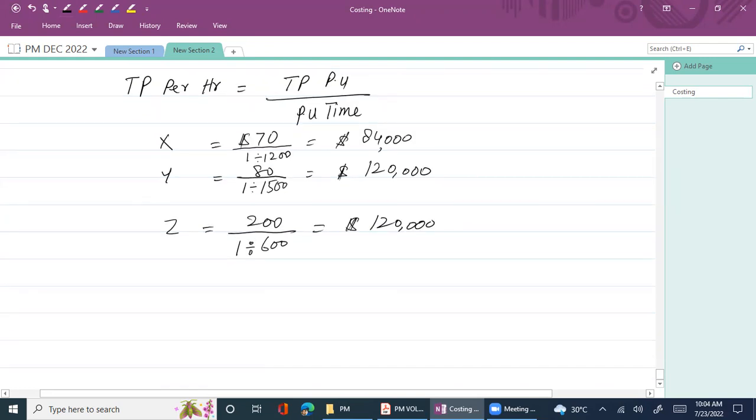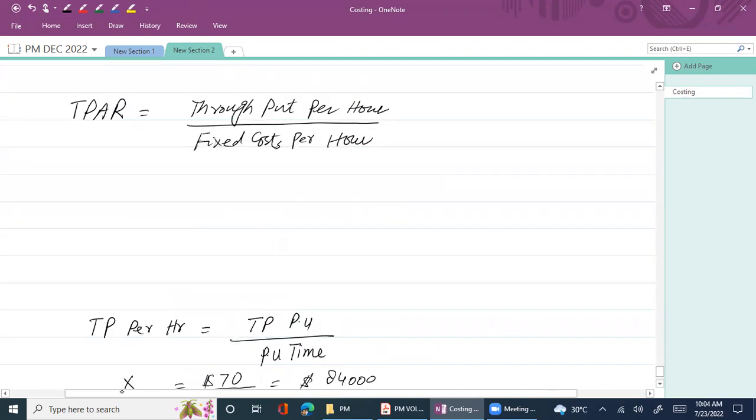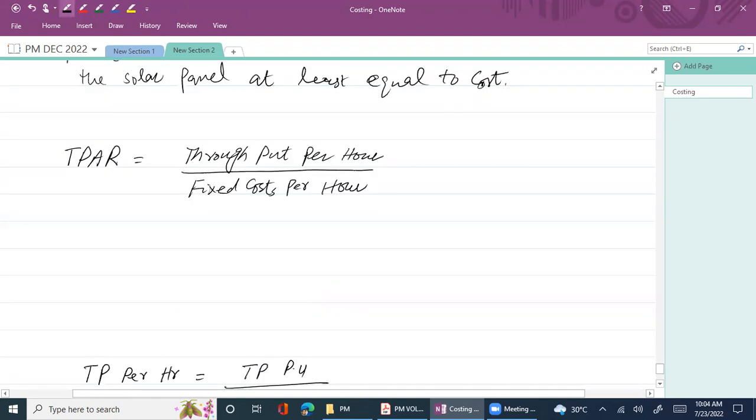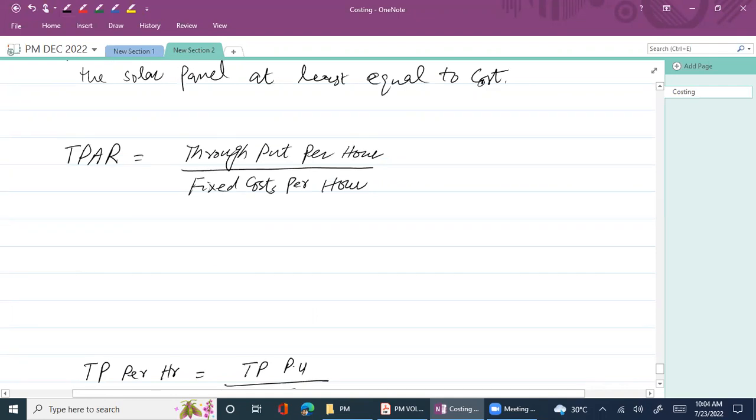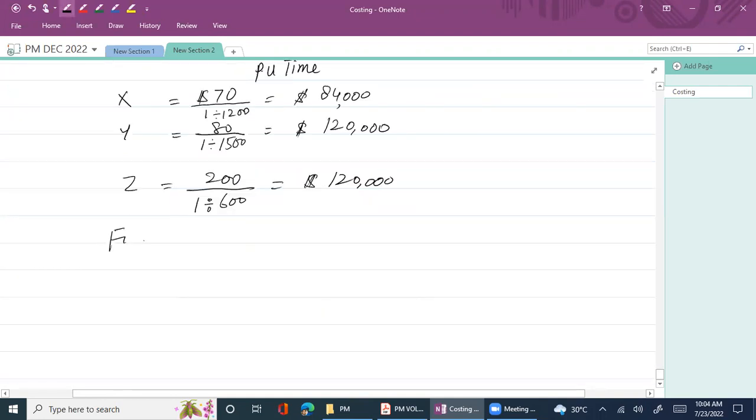Okay. Now, throughput per hour is calculated for each product. Now we are required to calculate fixed cost per hour, and this is very simple. The fixed costs are given as 720,000 per day. We need to divide it by the capacity of process alpha, because process alpha is the binding constraint. The per day capacity is 8 hours.